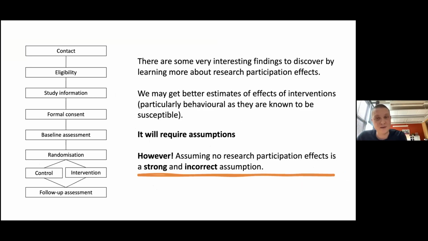All fun things in life do. However, I would say if you assume that there are no research participation effects in your study, that's a very, very strong and incorrect assumption. I would say it's more likely that there are research participation effects than there are not. So assuming that they don't exist at all is a very strong and incorrect assumption.